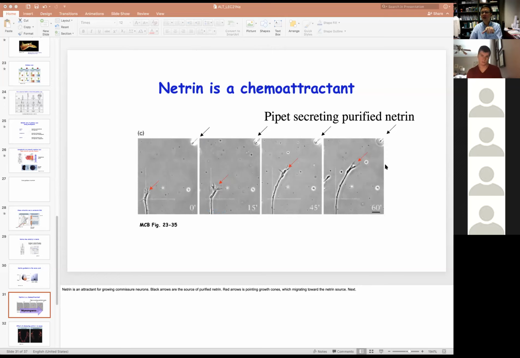They keep it in the same photo frame, and as you can see, the nerve is moving toward the netrin source. So that is the demonstration that this is really a chemical attractant.